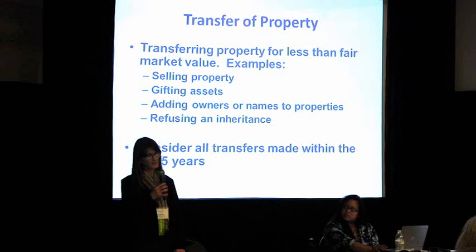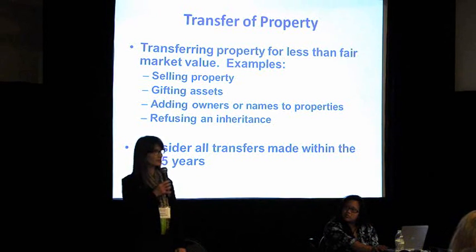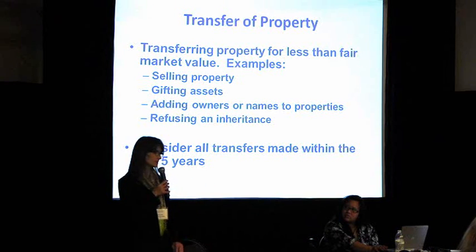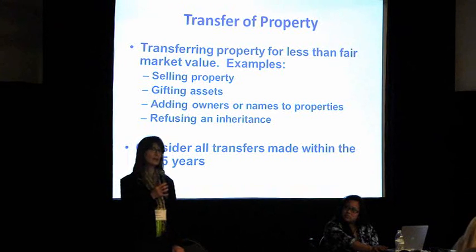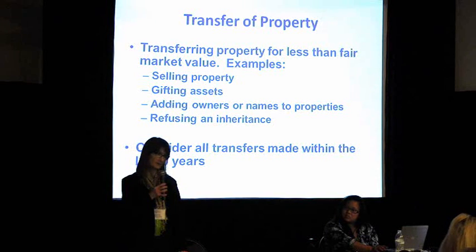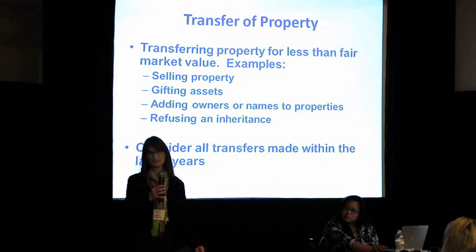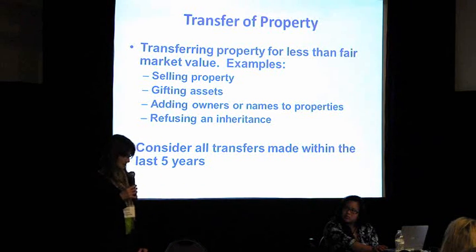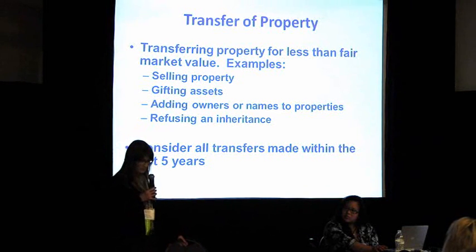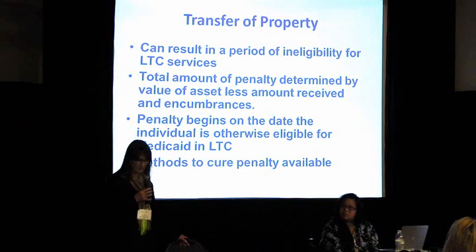If you've helped somebody fill out a long-term care application, there's that question: Have you sold, traded, or given away any bonds, money, property, land, value, etc. within the last 5 years? That's why we ask that question, because we need to find out if they have done any of these. It includes all of those things above, even gifts; any of those things are potentially considered transfers of property. And again, the result is that they can result in a period of ineligibility.